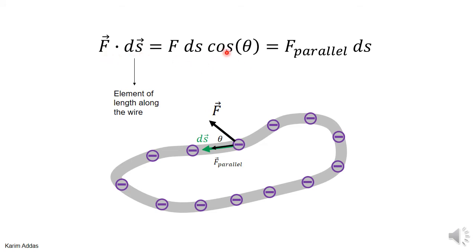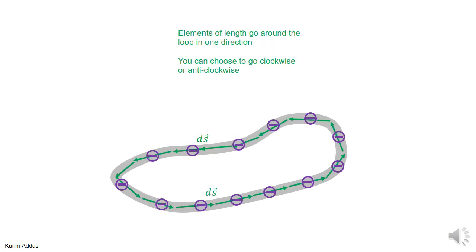And F cosine theta is F parallel, the component of the force parallel to the wire. So F dot ds is F parallel times ds. These elements of length, the ds vectors, you can make them go around clockwise or anti-clockwise, it doesn't matter.